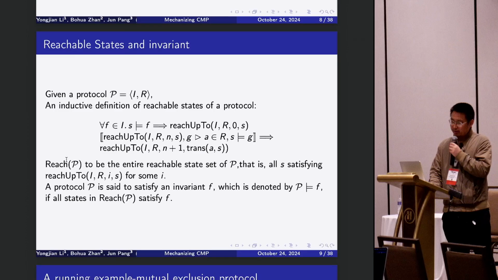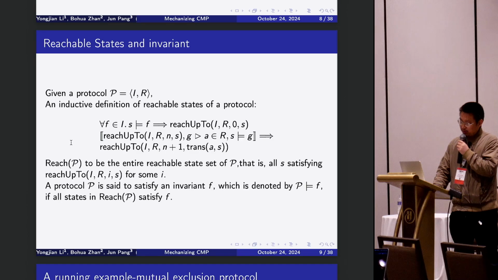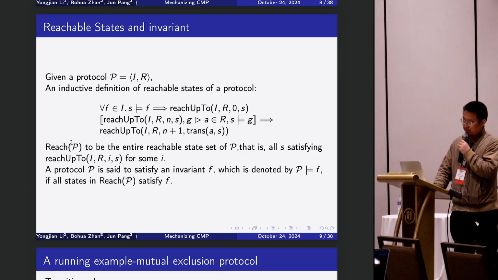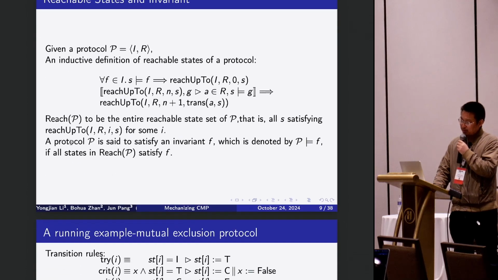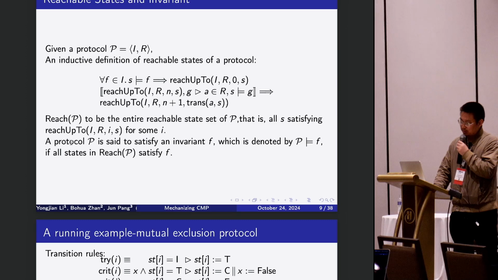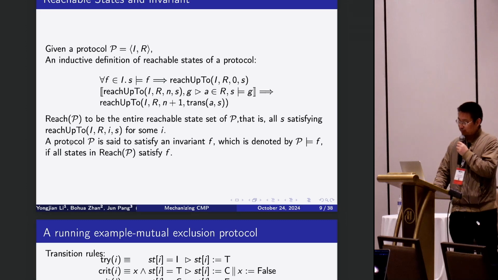As usual, we can inductively define the reachable states of a protocol instance, and we get the concept of the reachable state set. An invariant of a protocol is denoted as follows, meaning that all states in the reachable state set satisfy the invariant formula.